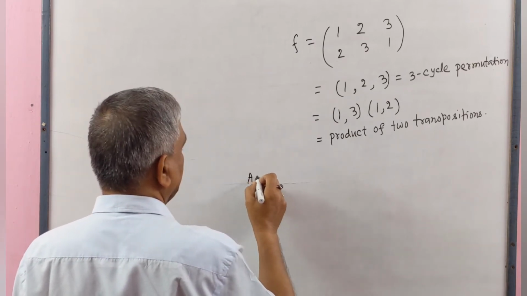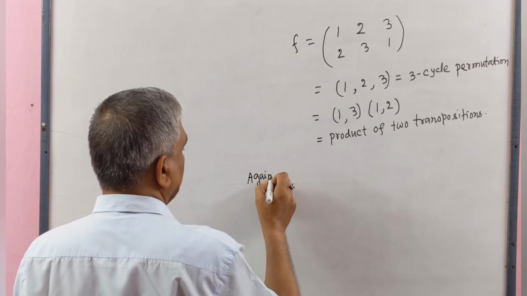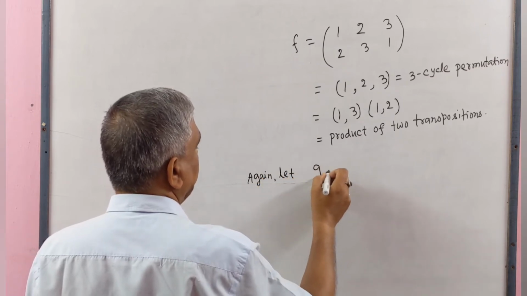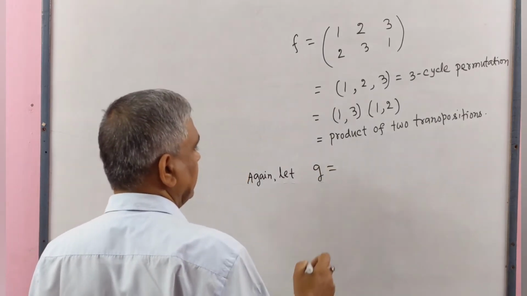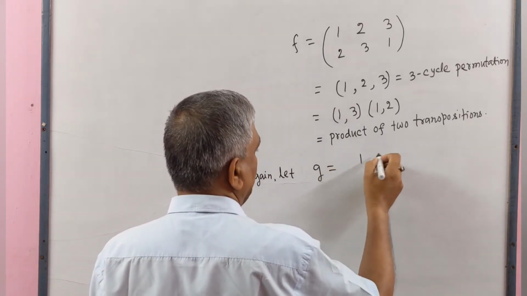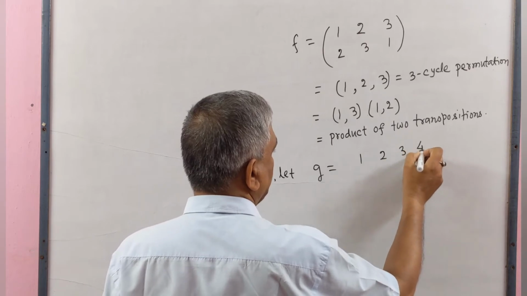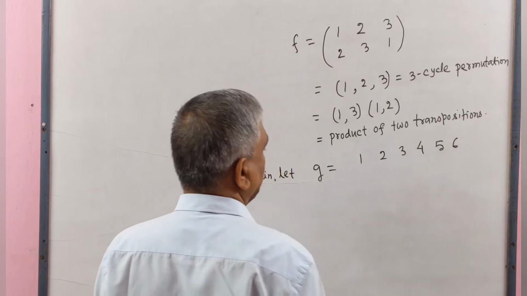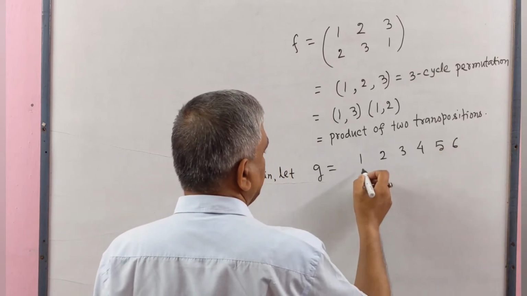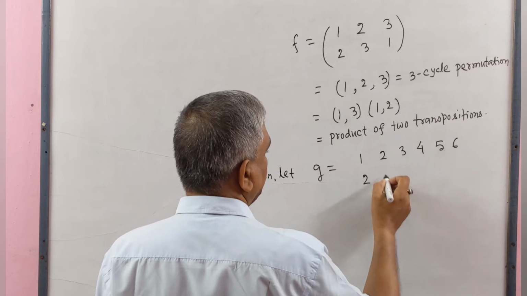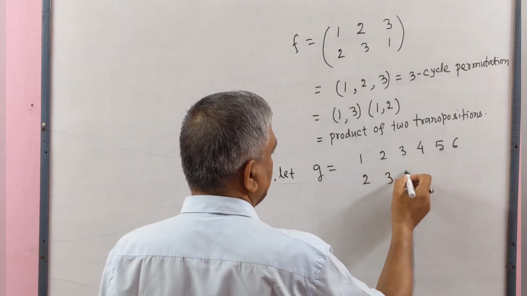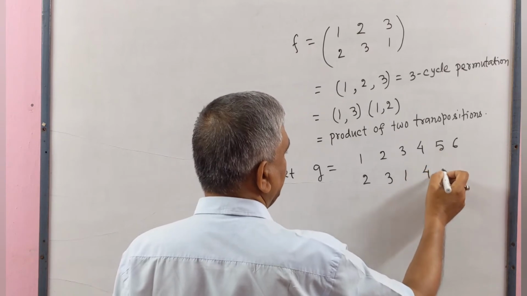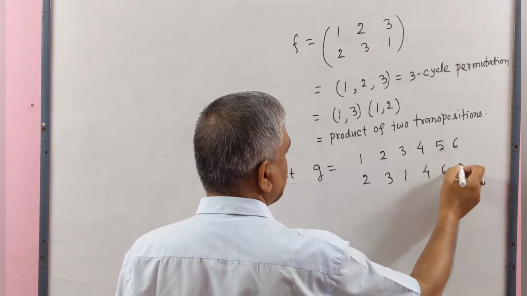Again let g be another permutation on 1, 2, 3, 4, 5, 6, such that image of 1 is 2, image of 2 is 3, image of 3 is 1. Image of 4 is 4, image of 5 is 6, image of 6 is 5.